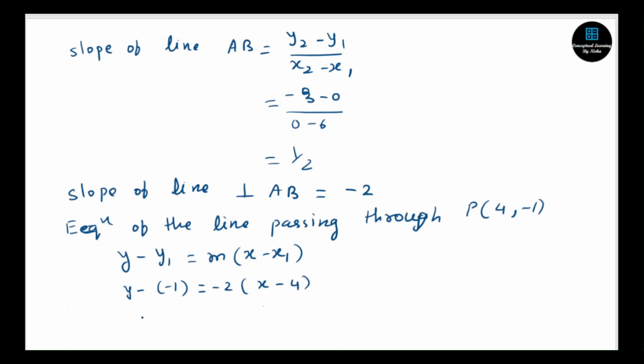On simplifying this, I'll get y plus 1 equals minus 2x plus 8, and therefore I can write this as 2x plus y equals 7. So this is the required equation of the line which is perpendicular to line AB and passing through point P, 4, minus 1.